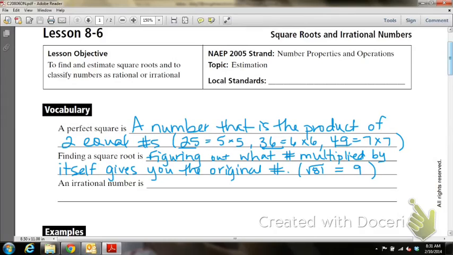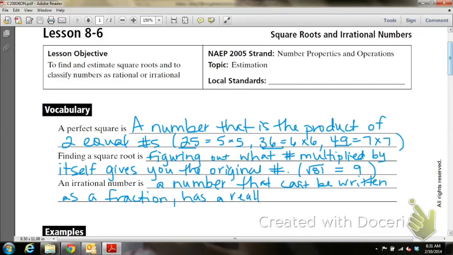And an irrational number is a number that can't be written as a fraction. So it has a really ugly decimal.